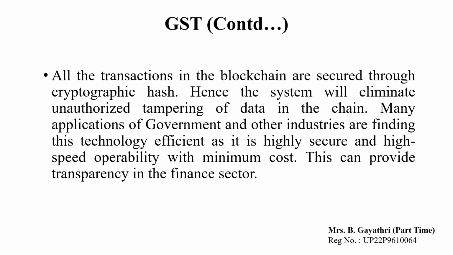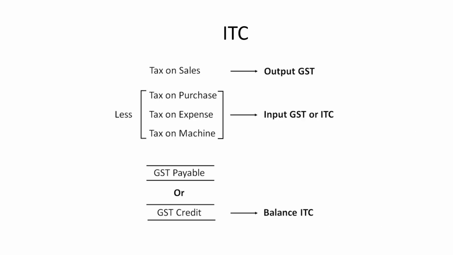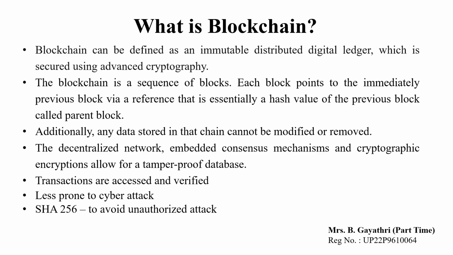Many applications of the government and other industries are finding blockchain to be a highly secure technology with minimal cost, and it is used extensively, especially in the financial sector. This slide shows the input tax credits, ITC.